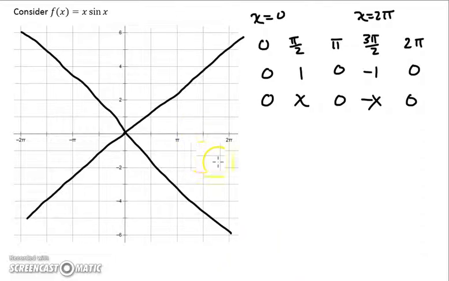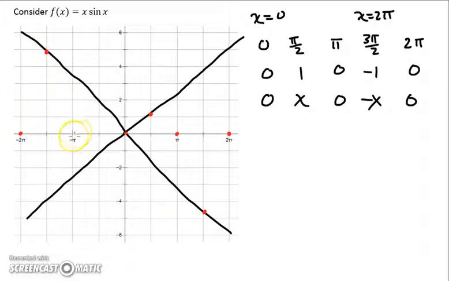So when we go to graph this thing, we know we're going to have the point 0, 0. Then pi over 2 goes up to x. Pi goes to 0, 3 pi over 2 goes to negative x, and then 2 pi goes back to 0. Now, if we were going to do 2 full rotations, we can go from 2 pi to 0, and we would still go from 0 to positive x.